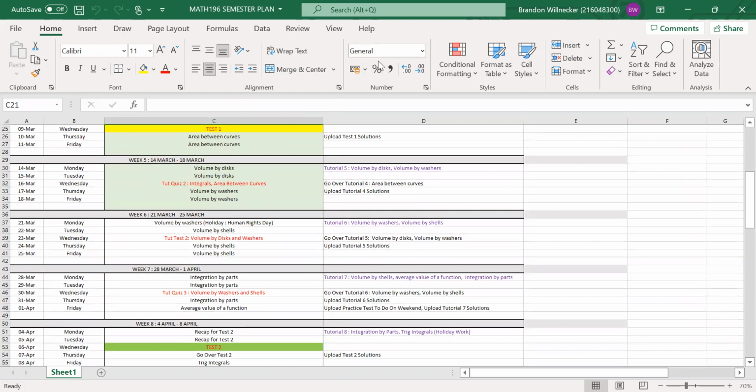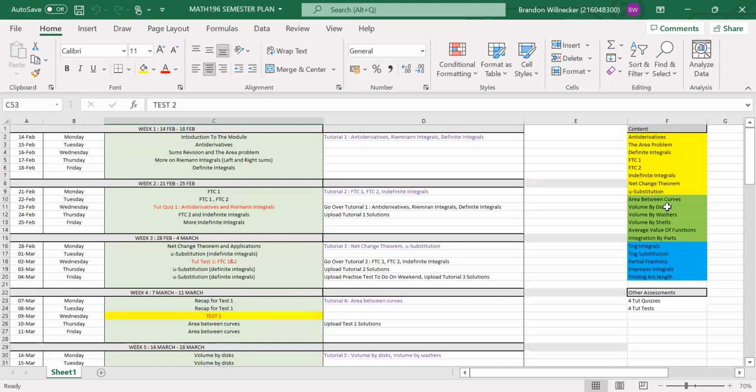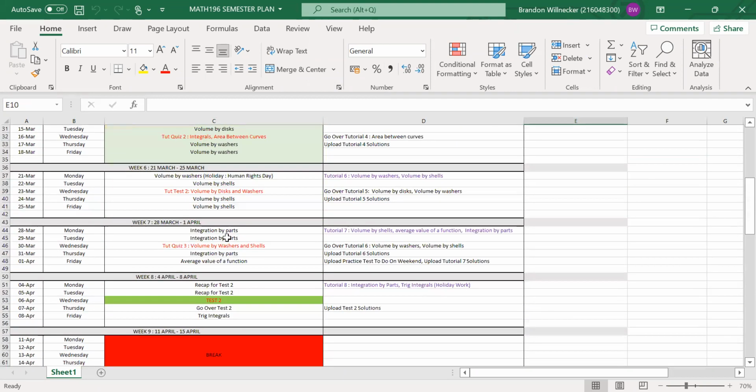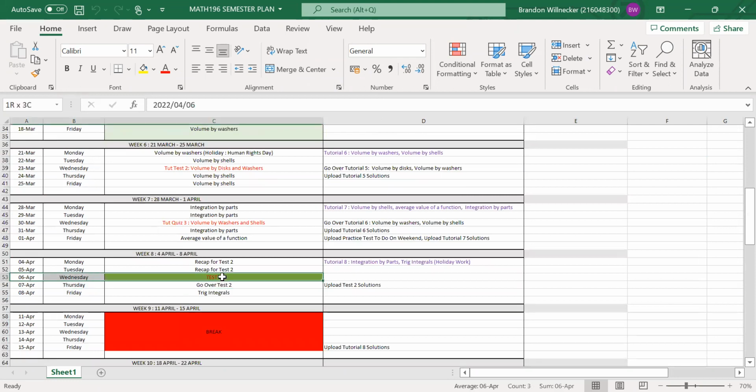Okay, so we'll cover all of that before your test 2 that's coming up. Okay, so it's this part in green here. This is the scope for your test 2. Okay, any questions on that? Okay, and then that's over here on the 6th of April.